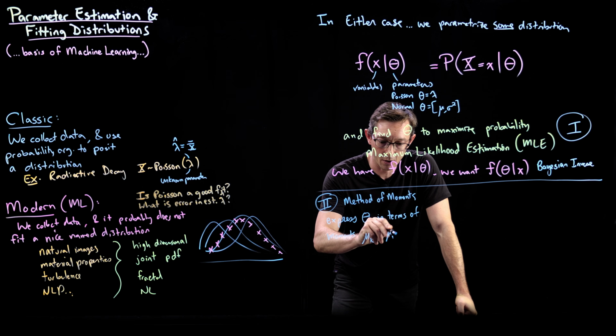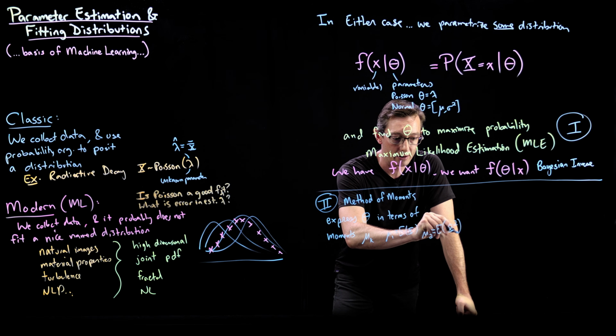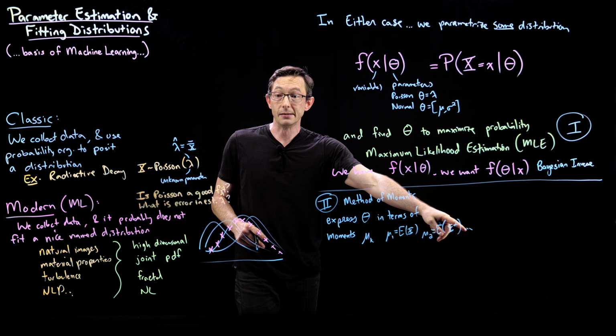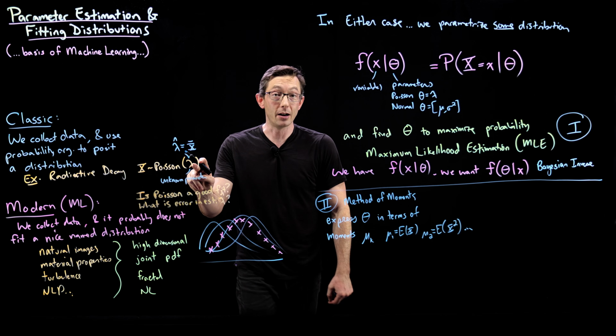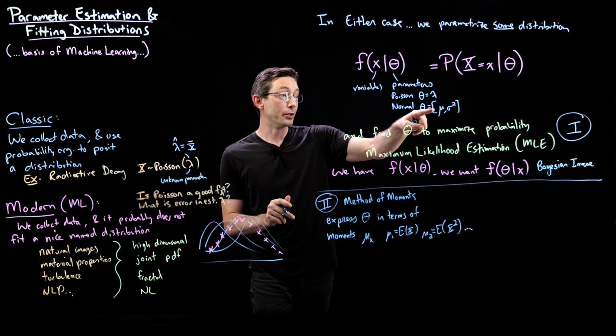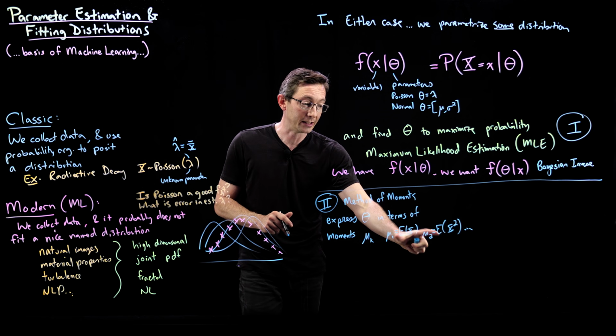Let's say mu1 equals the expected value of x, mu2 equals the expected value of x squared, and so on and so forth. We could write our parameters in terms of these moments. For example, lambda is equal to the first moment, and in the normal distribution mu is equal to the first moment, and sigma squared is related to the first two moments.